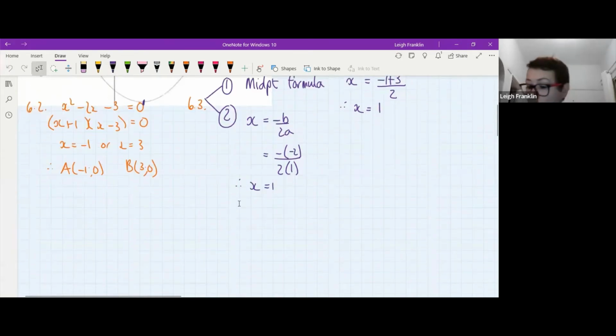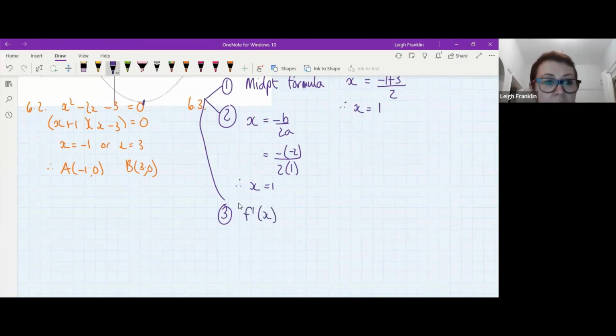And the third way that you could have done this is you can use calculus, right? Because the gradient at the turning point is 0. So f prime x, we're deriving now, would be equal to 2x minus 2.